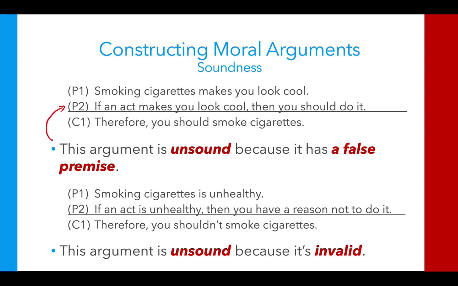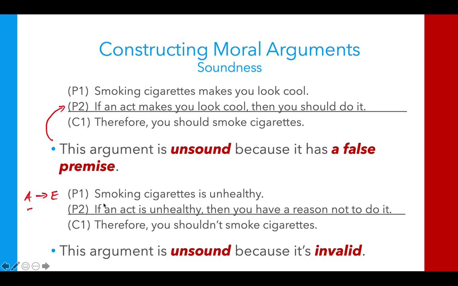Now, say I'm not as perceptive, or I don't pick up on that. One way that I can figure out whether an argument is valid or invalid is by looking at the form that the argument takes. So here, smoking cigarettes is this action, and I'm saying that that action has this empirical property: it's unhealthy. If I smoke cigarettes, I'm going to be unhealthy.